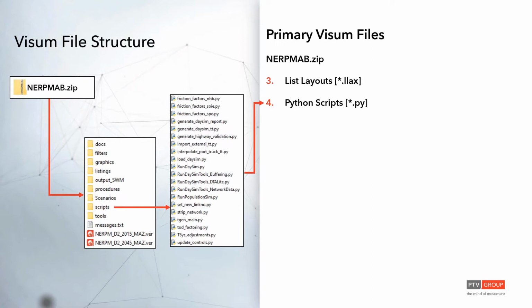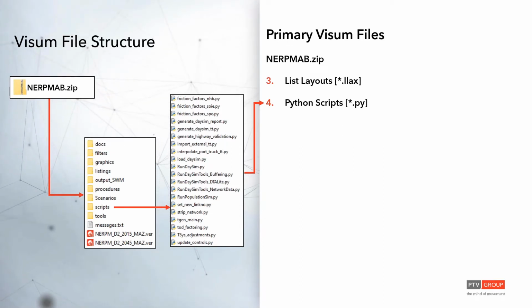They can be used to interface with various third-party tools and software, such as for calling DaySim or for calling PopulationSim, or they can be used for automating various modeling tasks, such as generating trips for auxiliary models and things like that.